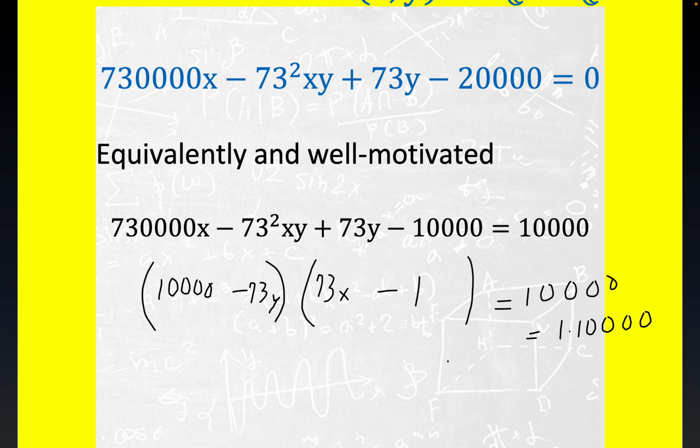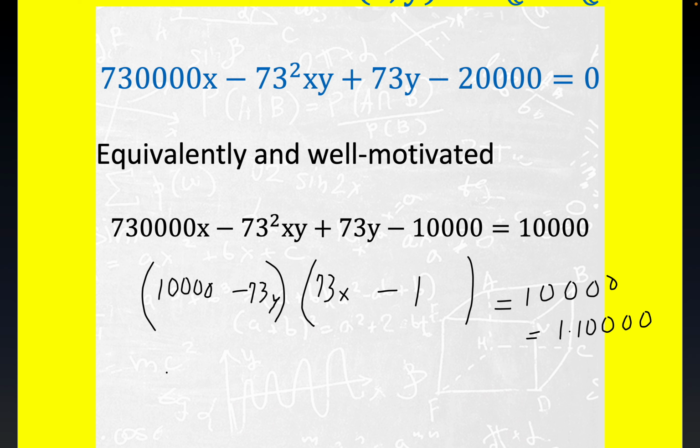Okay, but let's see what happens right here. We'll try 1 and 10,000. And again, we're just trying to find one rational solution. Of course, there would be many others depending on the factors, depending on this factorization over here.